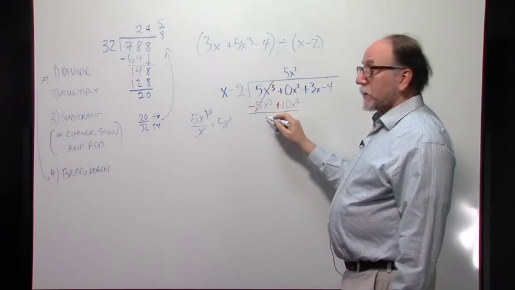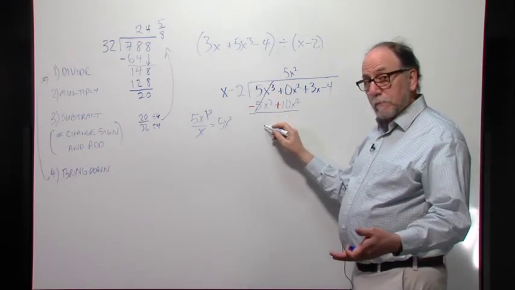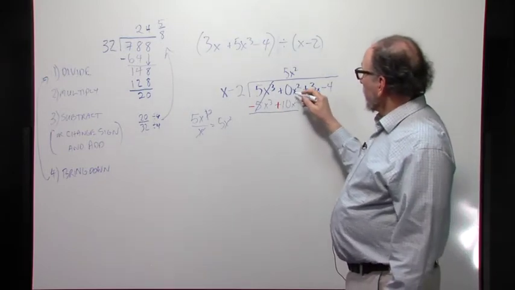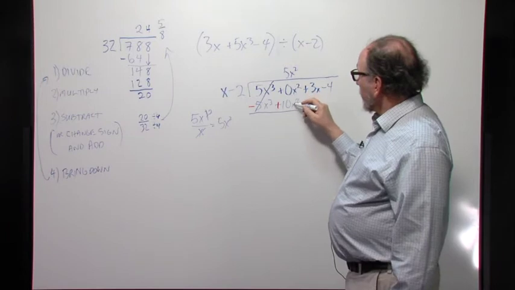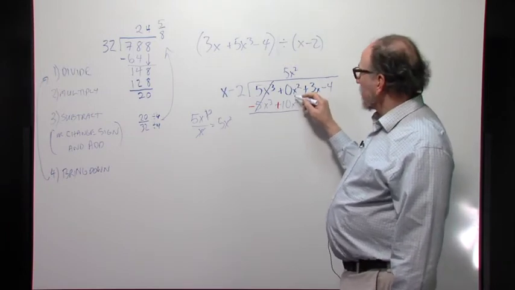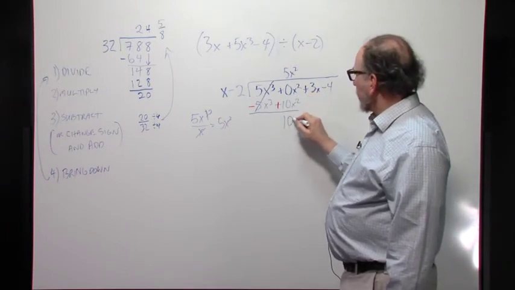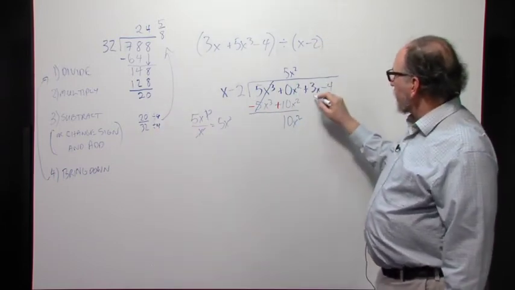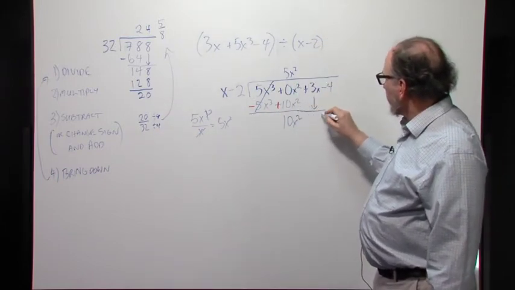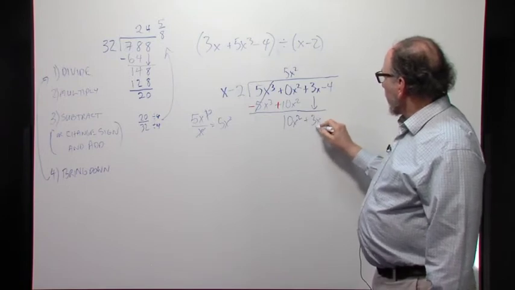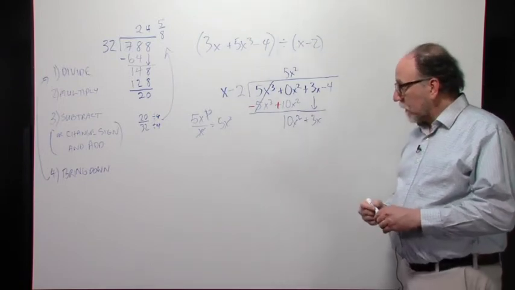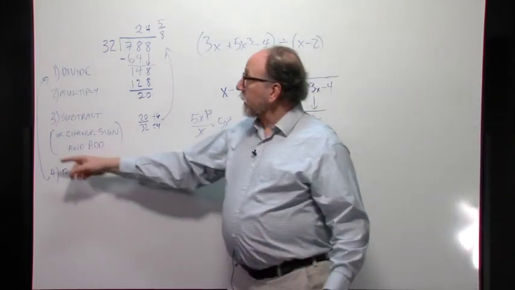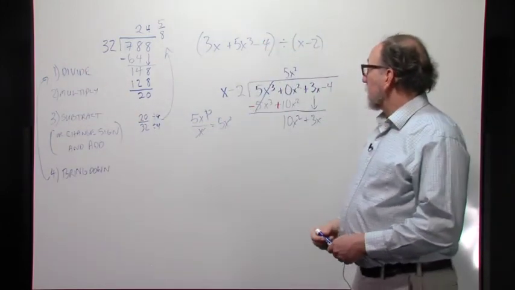So when they add to 0, we don't need to write that, because 0 plus anything won't change that other thing. 0x squared plus 10x squared is 10x squared. And we've done this third step. Now the fourth step is to bring down the next term, 3x. Okay? So we go back to the beginning and divide again.